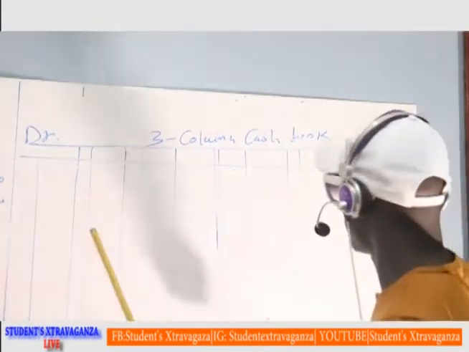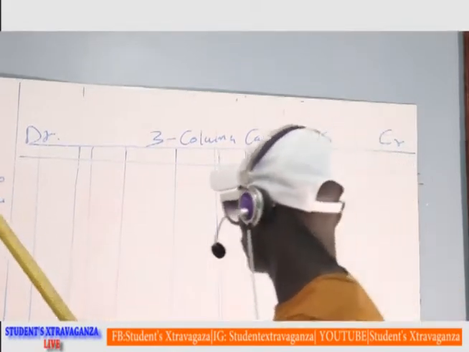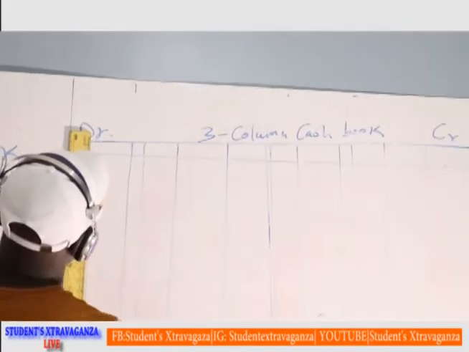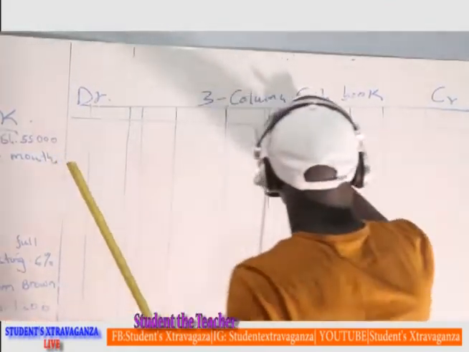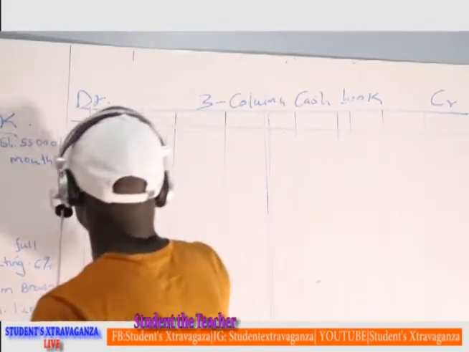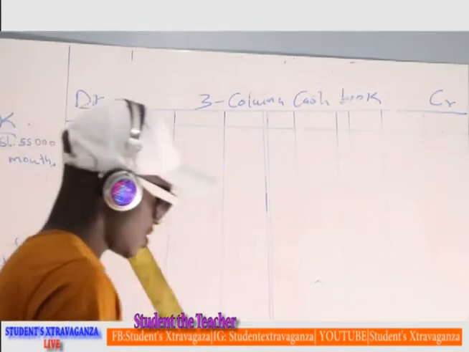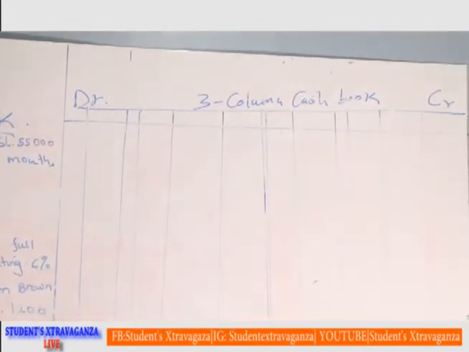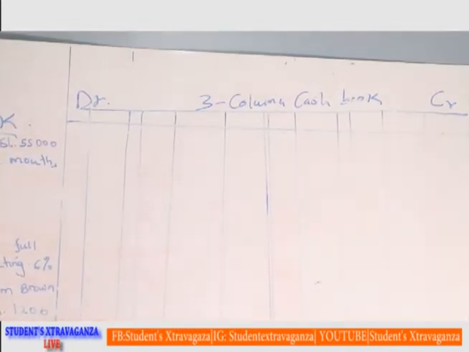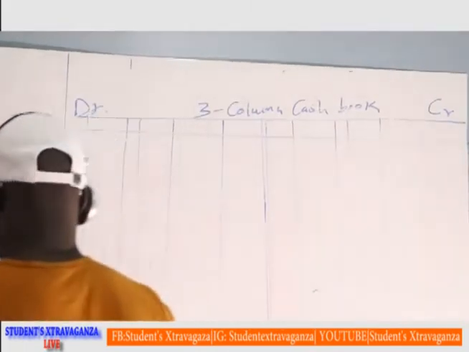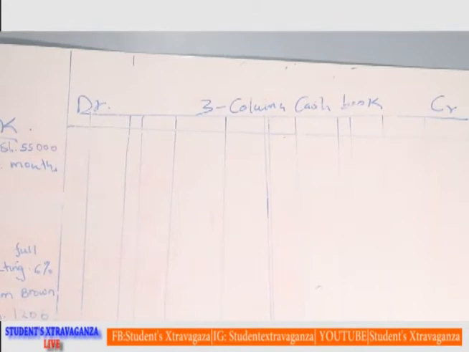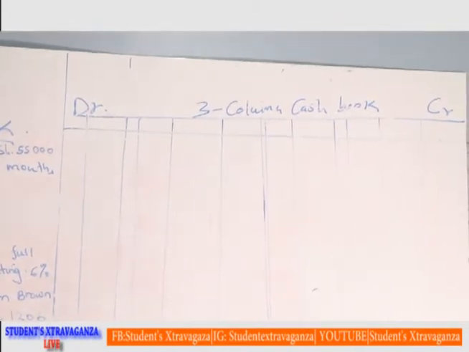This is basically the format of a 3-column cash book. It has a double line. We have now to note down the accounts. That's the format of the ledger account. After noting that one down, you already understand the format.